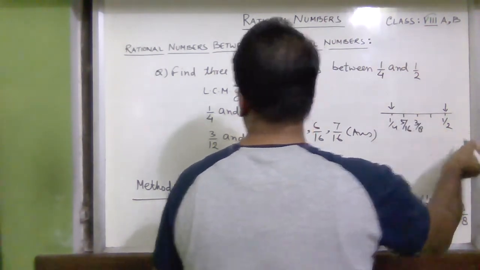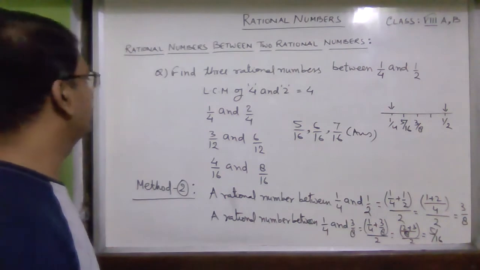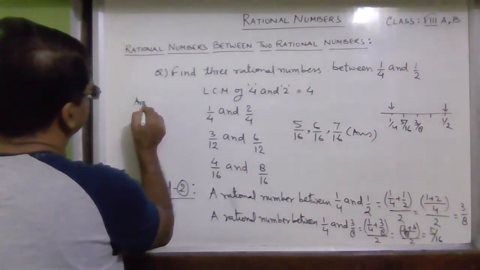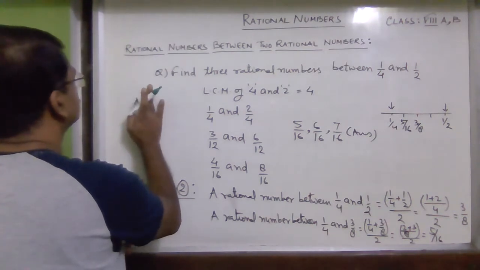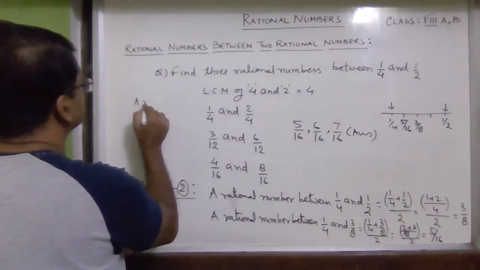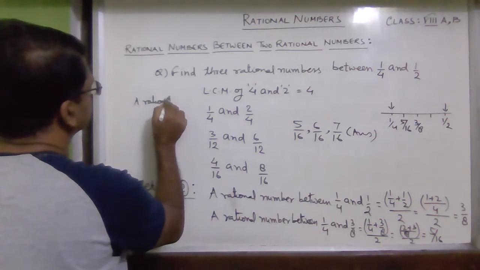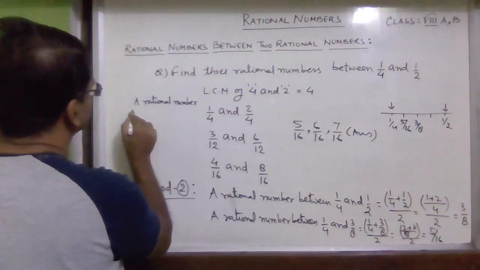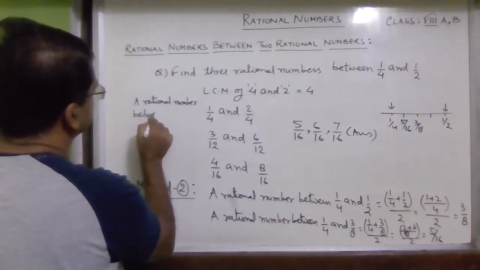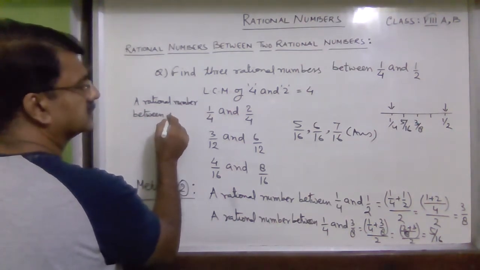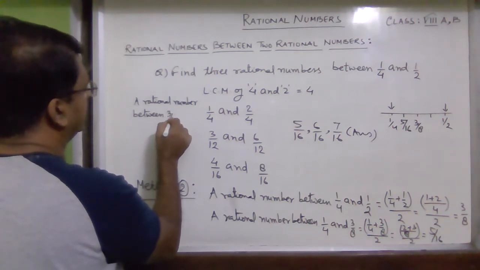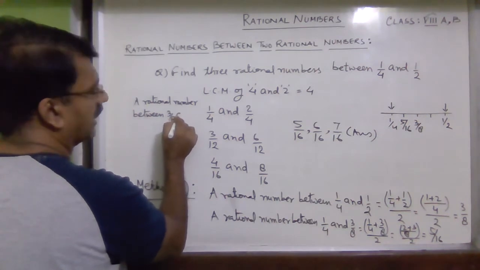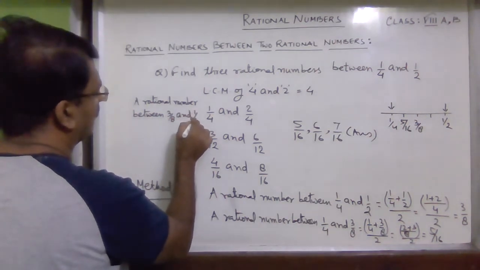And now between 3 by 8 and 1 by 2, we'll find a rational number between 3 by 8 and 1 upon 2.